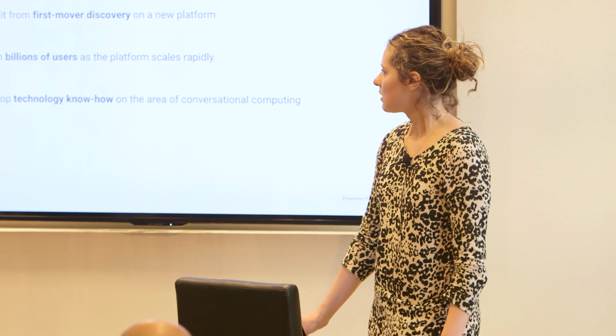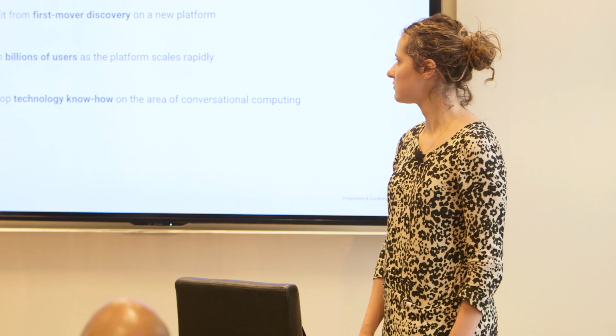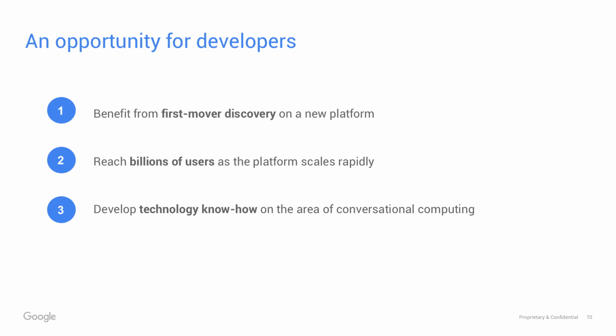Cool. So why invest early in this type of a platform? It seems like it's still small, even though we're growing the number of supported devices very, very quickly. The first reason is first mover discovery. Today there's one meditation action, and so if we want to respond to a query for meditation, we're going to point the user to Headspace.